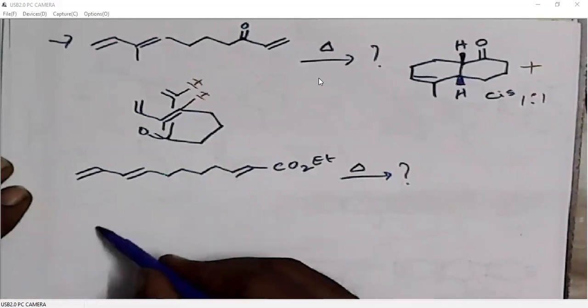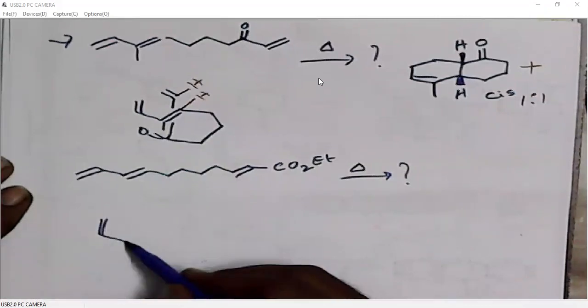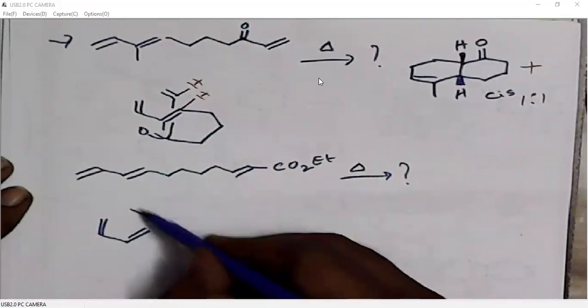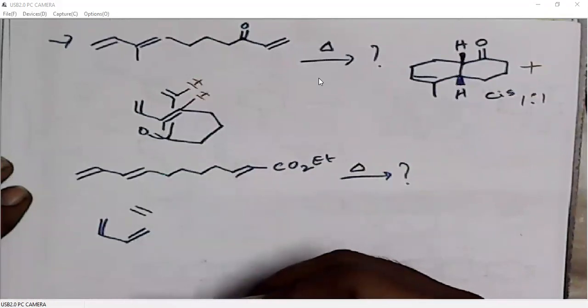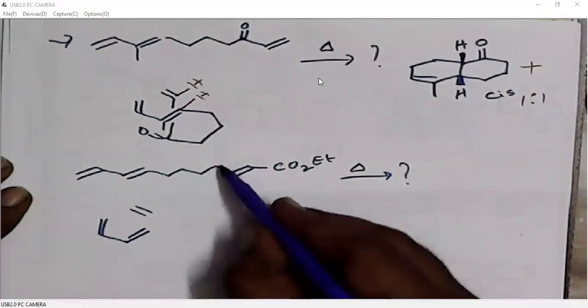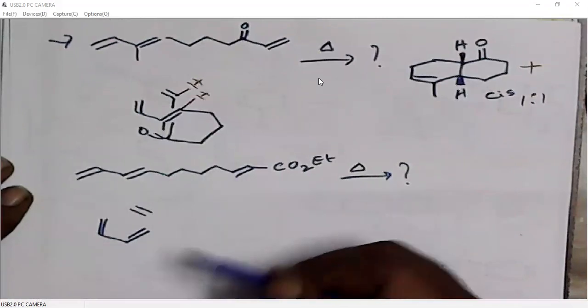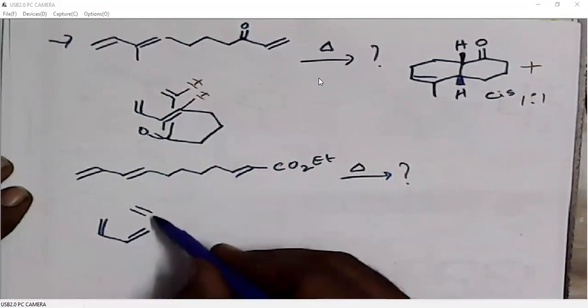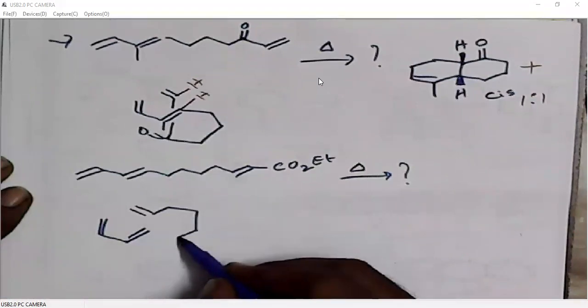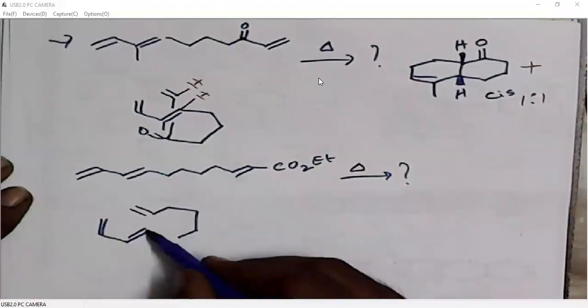First I'll try to write the simple diene, dienophile. Okay. Then how many are there? 4 carbons are there. So we will write 4 carbons: 1, 2, 3, 4. Right.